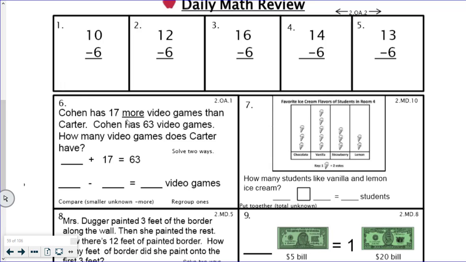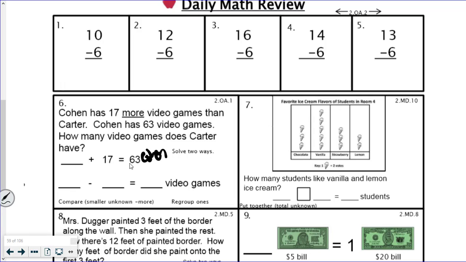Number 6, Cohen has 17 more video games than Carter. Cohen has 63 video games. How many video games does Carter have? So this number here, 63, represents how many Cohen has. Okay.